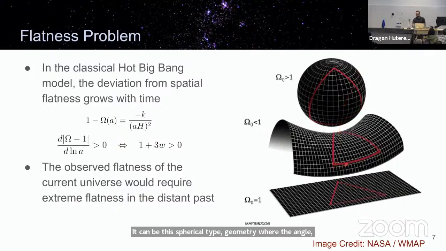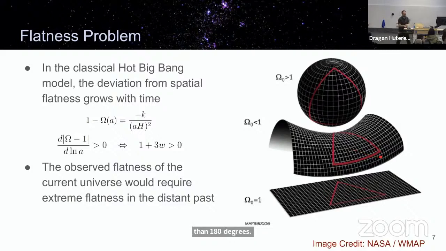It can be negatively spatially curved, in which case the angles of the triangle add up to less than 180 degrees, or it can be spatially flat, in which you have ordinary flat Euclidean geometry, and the interior angles of a triangle add up to 180 degrees. We observe that the universe is very nearly exactly flat. So this is the geometrical version of it. There's also a version in terms of the expansion history: we observe that the expansion is unfolding in such a way that the density of the universe is exactly the critical density.